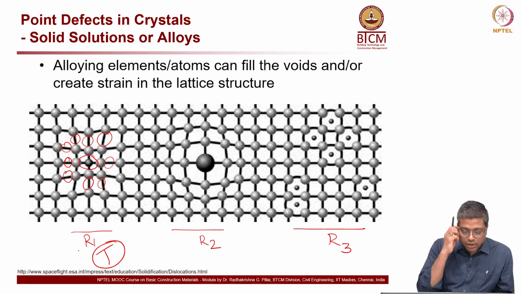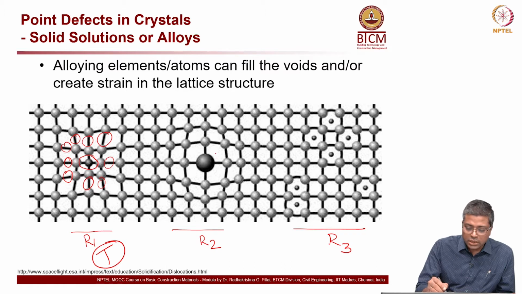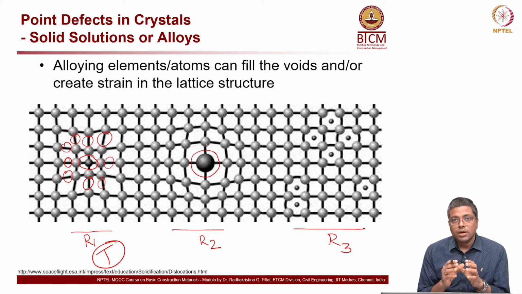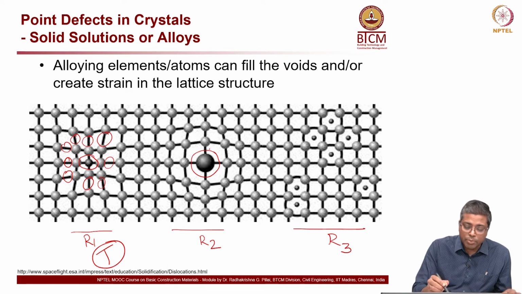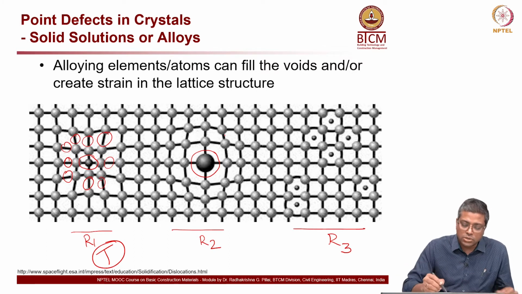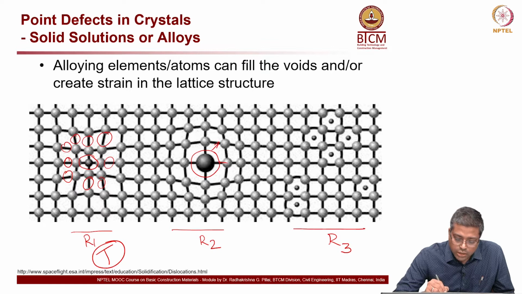Now, another one is the second case here, where you can see a larger atom is placed at the center. Both these R1 and R2 are substitutional type defects, and here the larger atom is placed. When you place a larger atom, what will happen to the bonds in the vicinity? It is going to push out the other things, right.